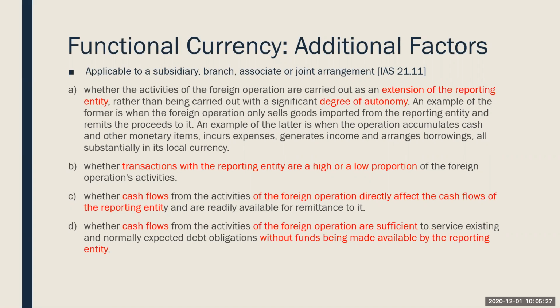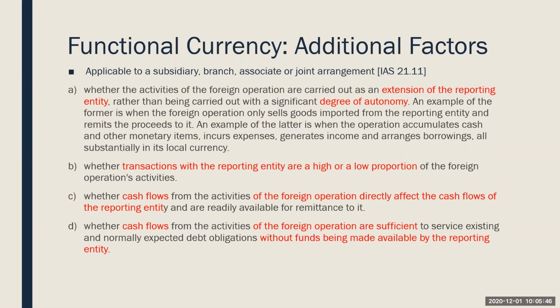And the last additional factor to look at is whether cash flows from the activities of the foreign operation are sufficient to service its existing and normally expected debt obligations without funds being made available by the Canadian reporting entity.